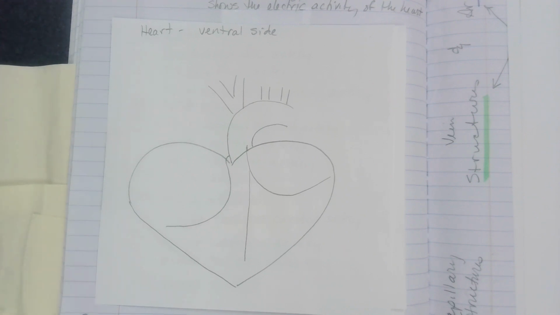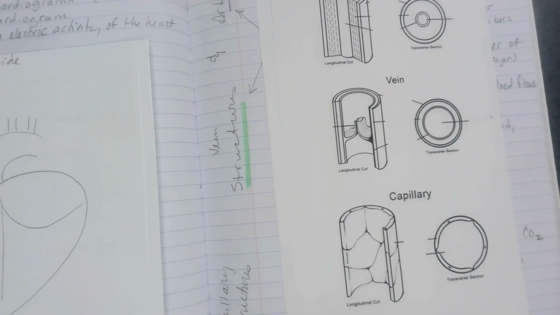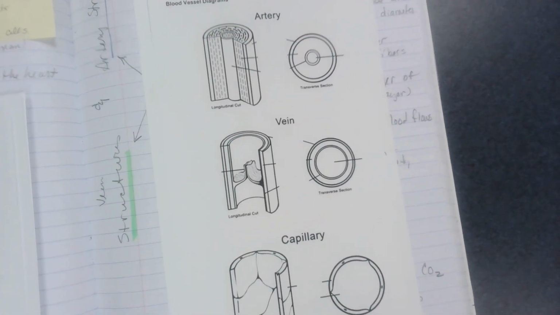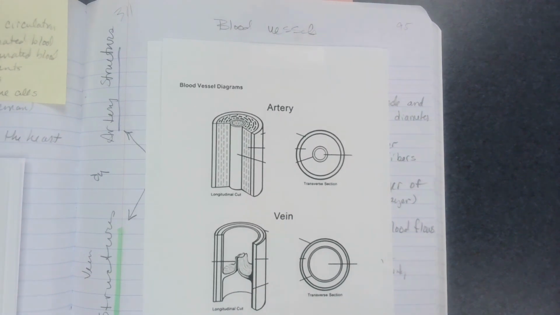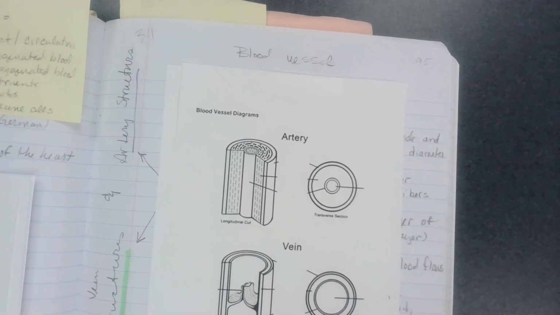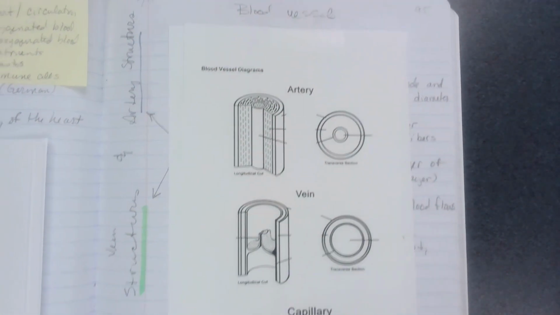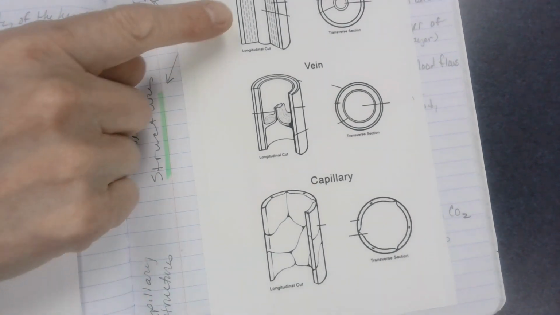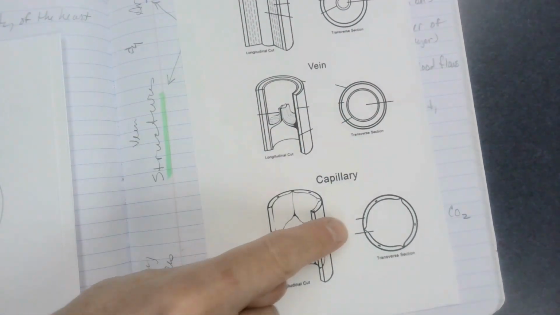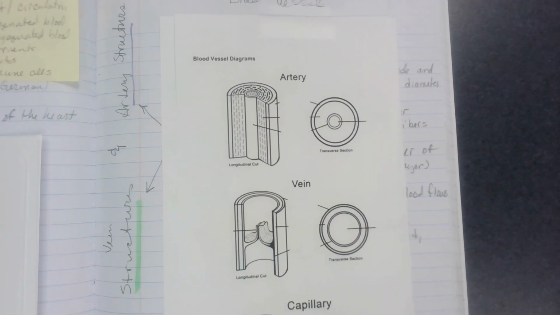Okay. So 311 continues on and talks about blood vessels, which once again should be a review for us. Arteries, veins, and capillaries. So you will have a sheet that looks like this, and you need to label these different components of the artery, vein, and capillary.